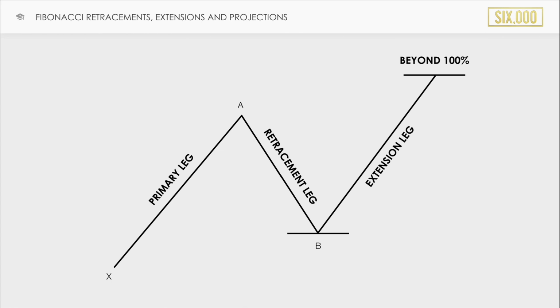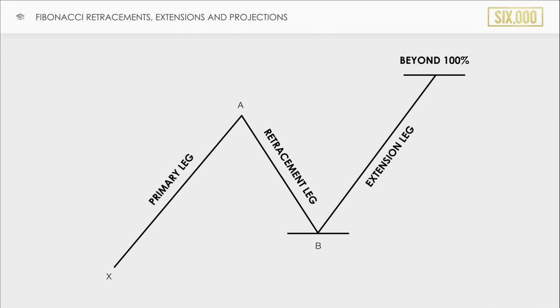Now, just to mention, and this is where the confusion comes in, and I'll try and keep this as simple as possible. Many people refer to a projection as an extension and an extension as a trend-based extension. So just keep that in mind and don't get confused. If you do come across someone else talking about extensions, they may actually be talking about projections.